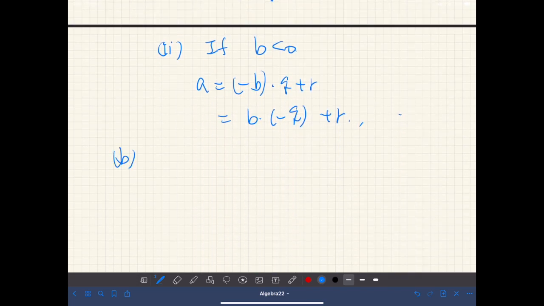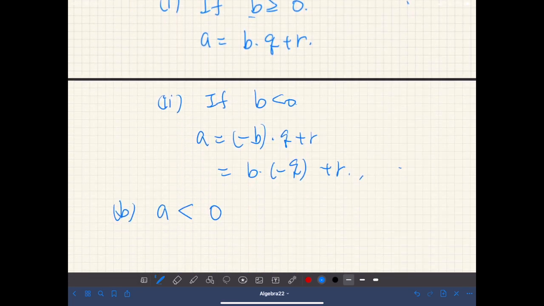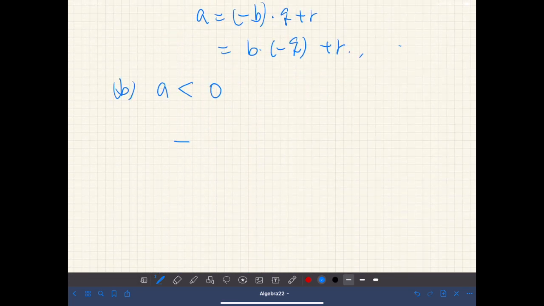And then second case, when a is negative, from this equation we have negative a is equal to the modulus of b times q plus r.